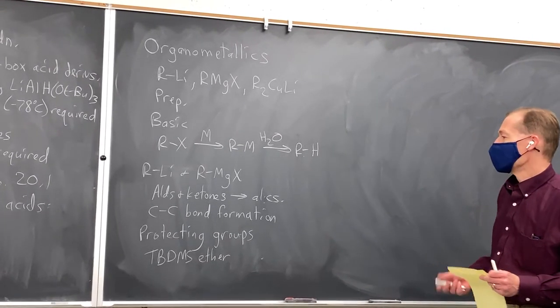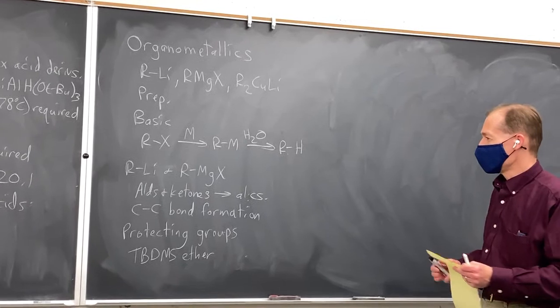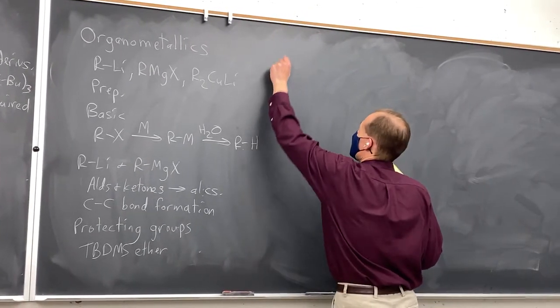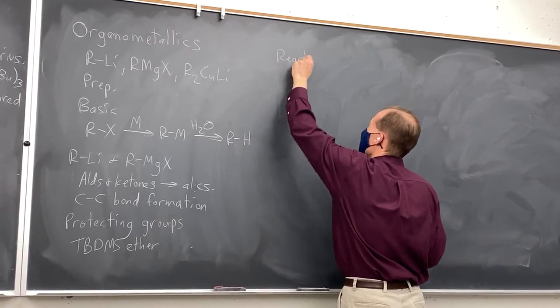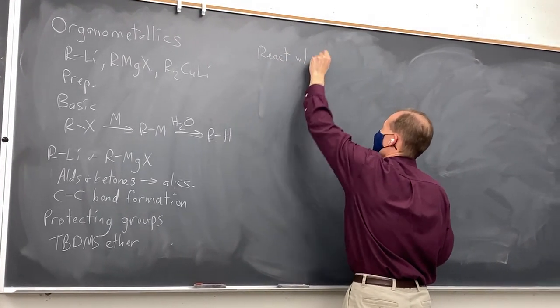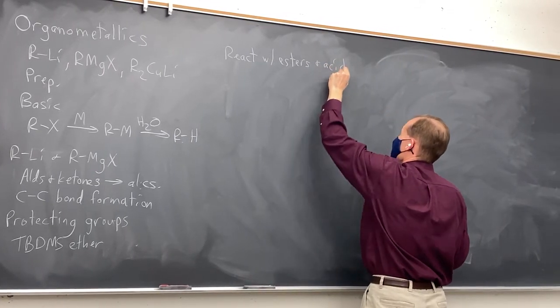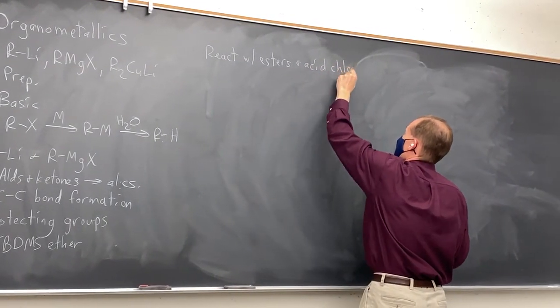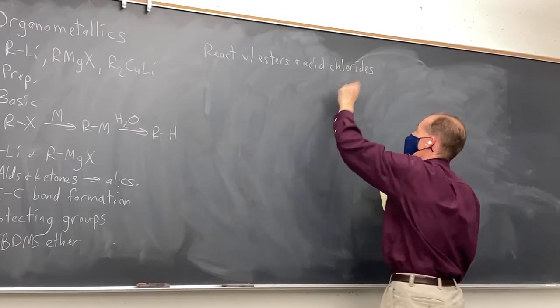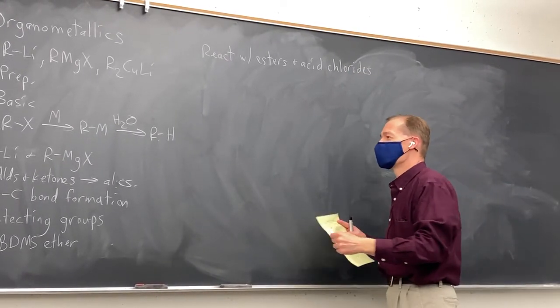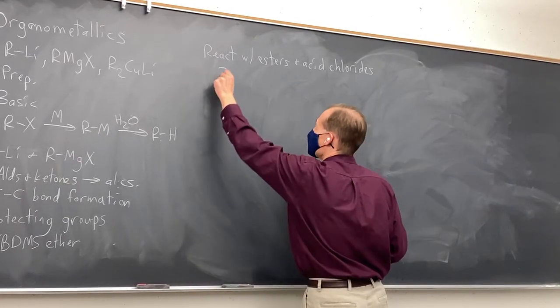All right, our organolithiums and our organomagnesiums will react with esters and acid chlorides. But they do so twice. They react once by a nucleophilic acyl substitution to give a ketone intermediate.